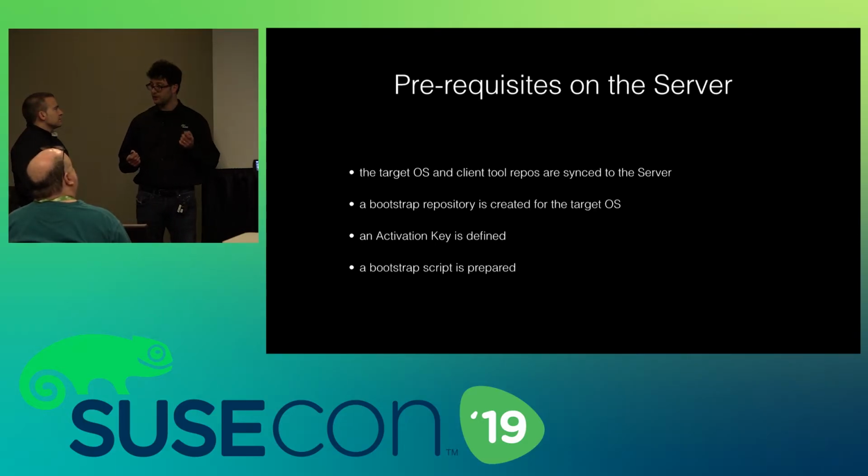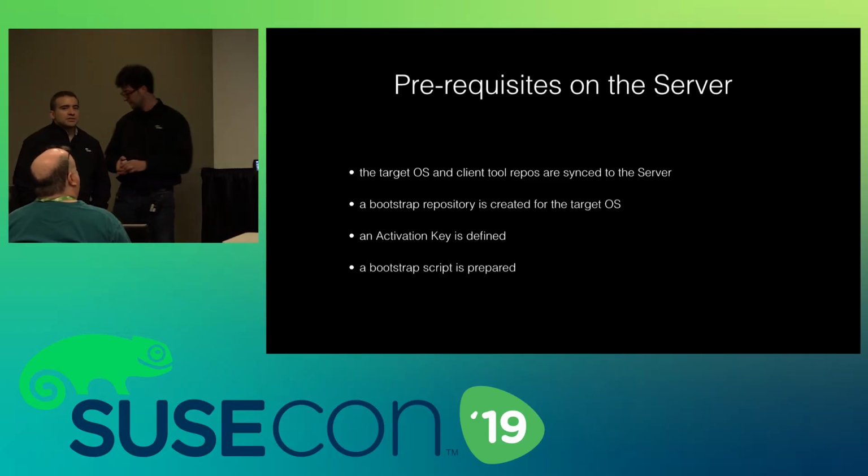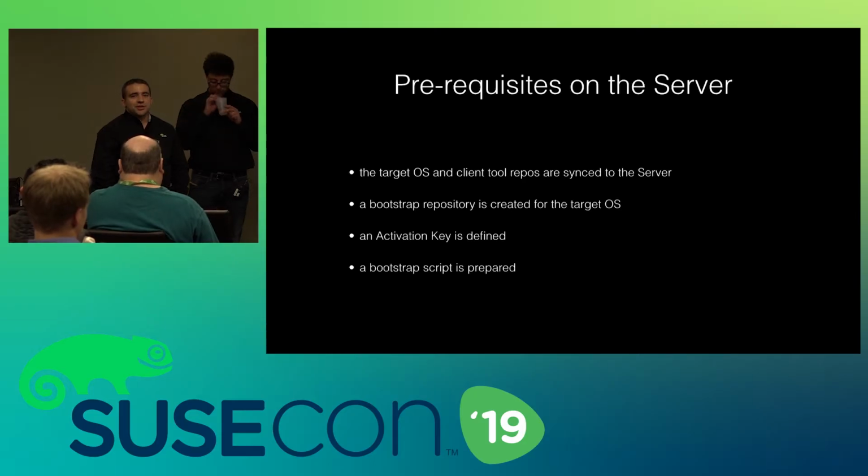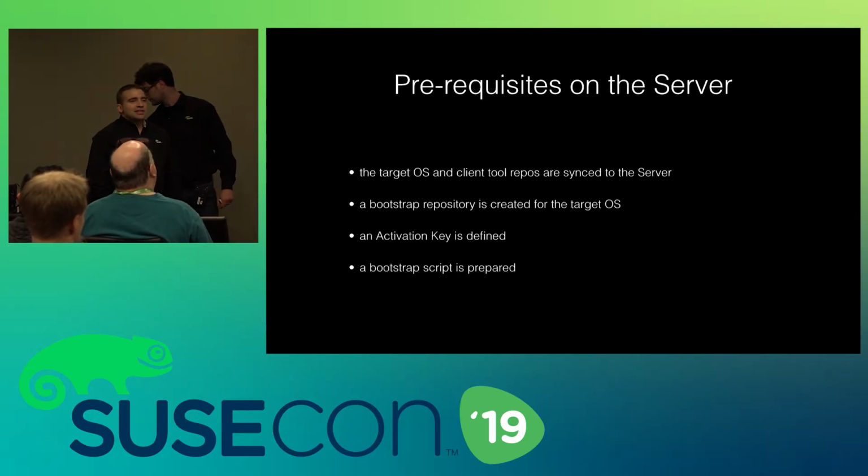One catch Raul can probably tell you, and it's about those objects, especially the bootstrap repository and the bootstrap script, can get stale. Yes, the thing is that the bootstrap repository is generated when you call it manually, and as I said, there were problems with versions.